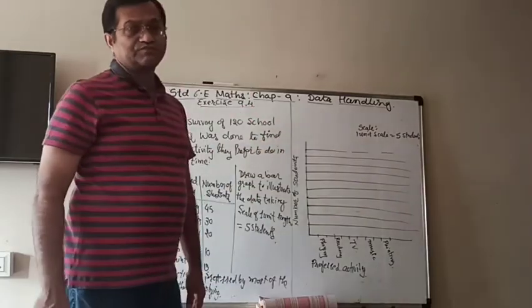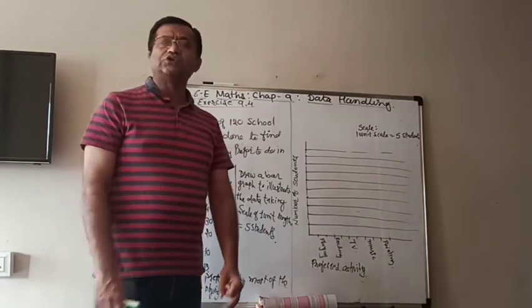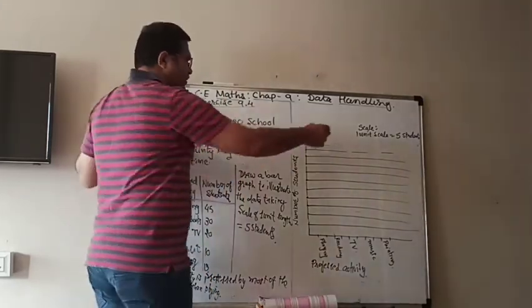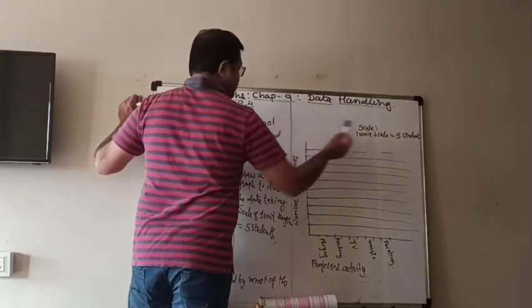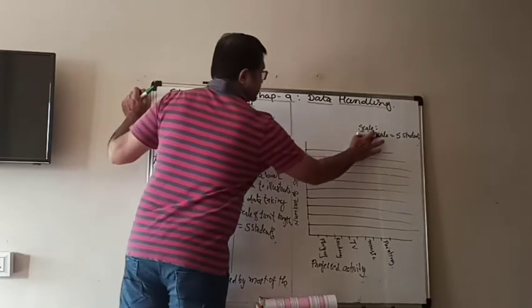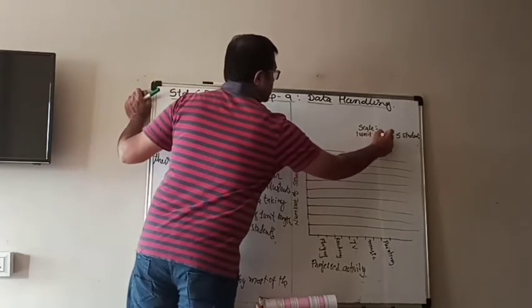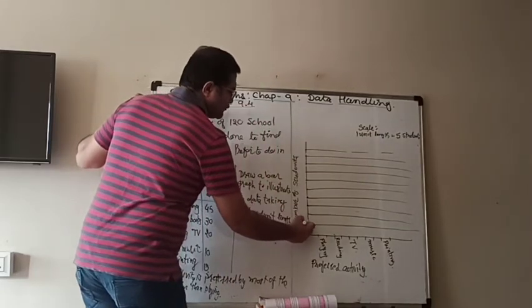So you just have to take the scale and with the pencil you have to draw it. So now, as I already mentioned on the graph page, scale 1 unit length is equal to 5 students.